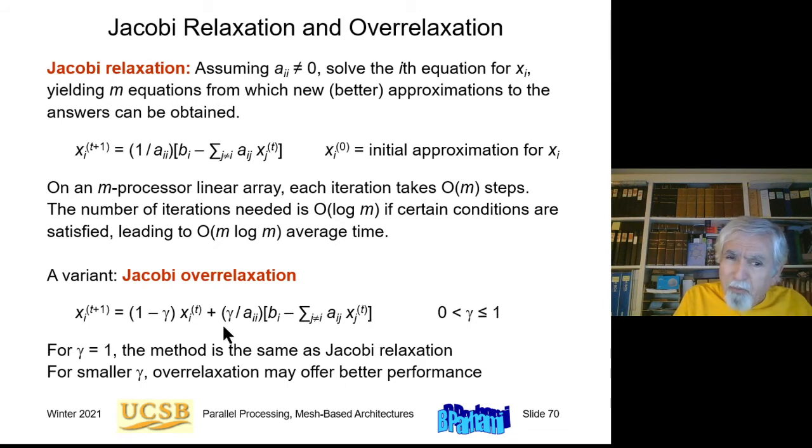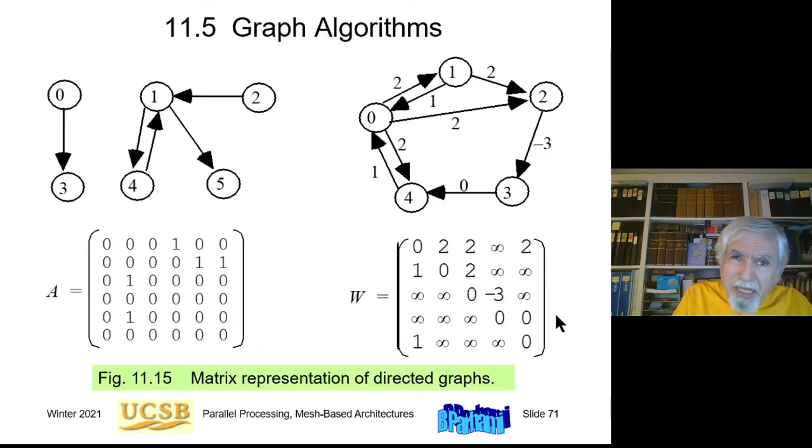On the other hand, if gamma is large, in the extreme, gamma being equal to 1, then this term disappears, and this becomes basically simple Jacobi relaxation. Okay. All right. So enough of that.